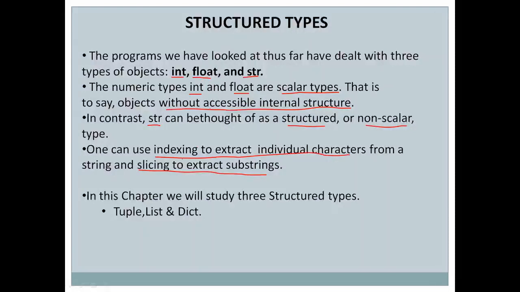In this chapter we will discuss some more structured, non-scalar types: tuple, list and dictionary or dict. In today's session we will concentrate only on tuple, and in the next sessions we will discuss list and dictionary types. So let's start with the structured type, tuple.